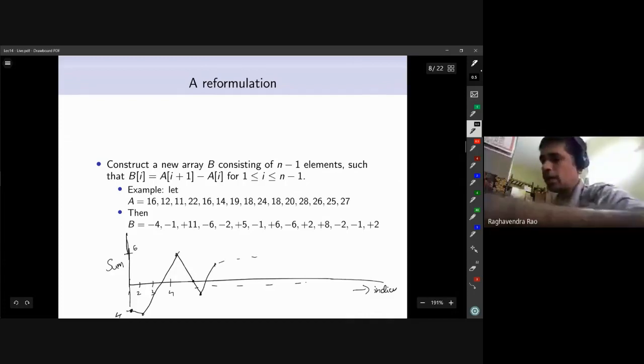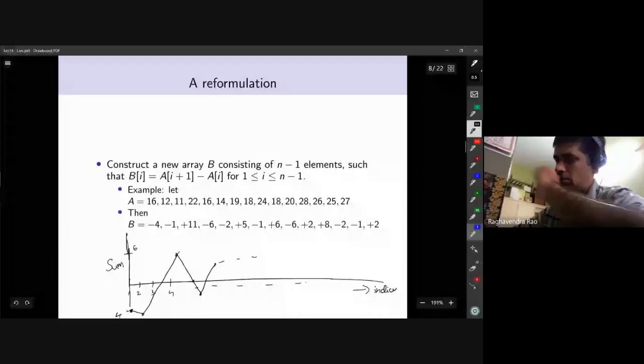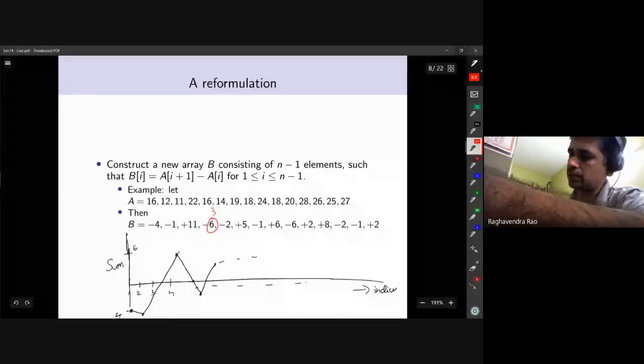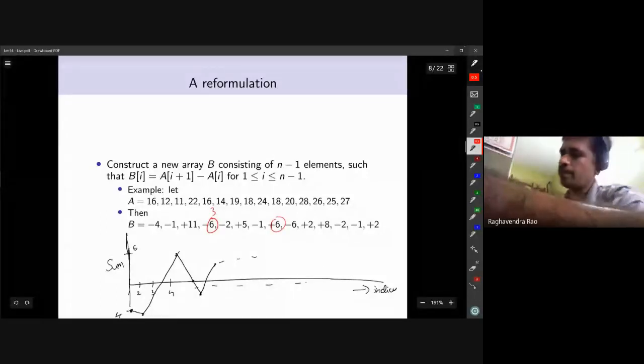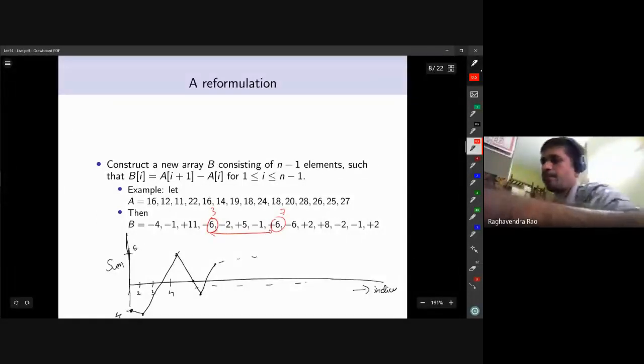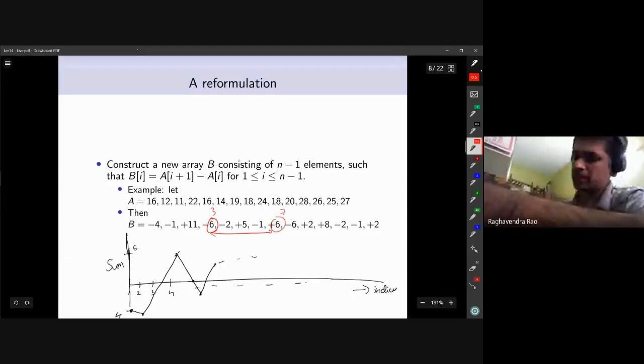If you plot these summations, what do they represent? Let's say I'm looking at index 3, and index 4, 5, 6, 7. If I sum the elements here, what do they represent? Starting from the first, that is what this plot represents. So this plot represents the cumulative values.